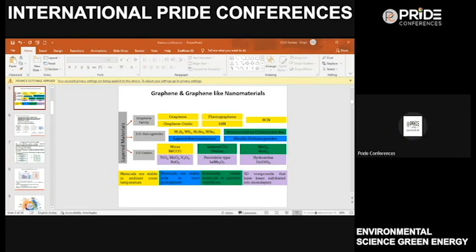Okay. So we discussed that I shall be covering graphene and graphene-like nanomaterials. Graphene oxide and hBN are the materials we have used for our diagnostic applications, and tungsten disulfide, which comes under chalcogenides, is one of the graphene-like materials we have used for our diagnostic applications. In general, graphene is an allotrope of carbon with a hexagonal lattice. It is a good conductor, and electricity flows well through it.